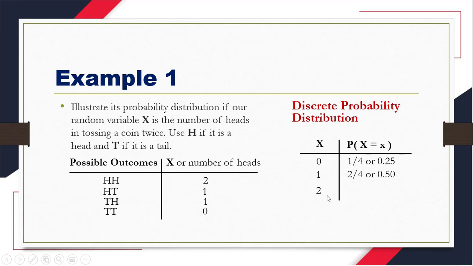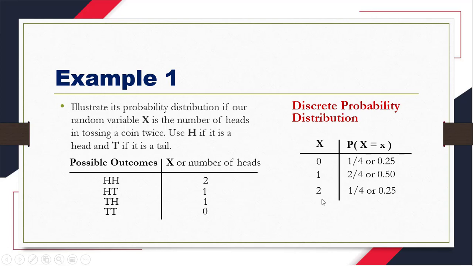Lastly, what is the probability if X is equal to 2? We count how many 2s are here. We only have 1, so the probability is 1 over 4, or 0.25. So, it is quite easy to get the probabilities of a random variable X if we already have all the possible outcomes with the corresponding values of X.